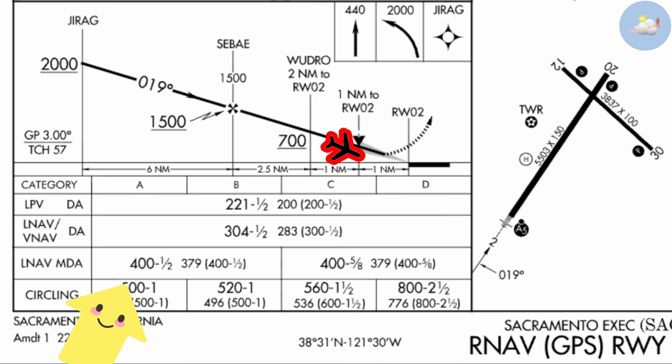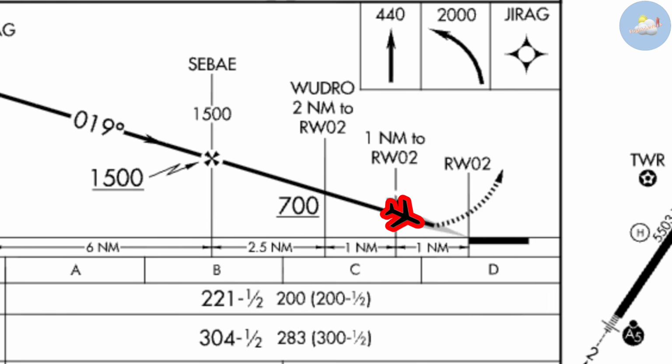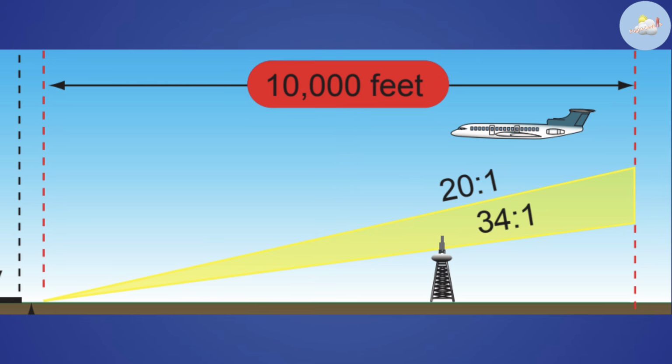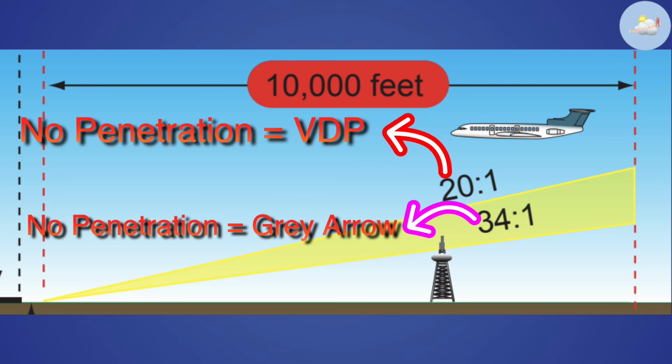And then upon passing the VDP at 1 nautical mile to runway 2, you began a nice, standard 3-degree descent profile down to the runway, you are very likely not to hit anything, because on that evaluation, there were no obstacles that even hit the 34-to-1 or the less than 2-degree slope out there. So the inclusion of the VDP and this light gray arrow gives you some pretty good reassurance that there's not a lot of stuff to hit out here.